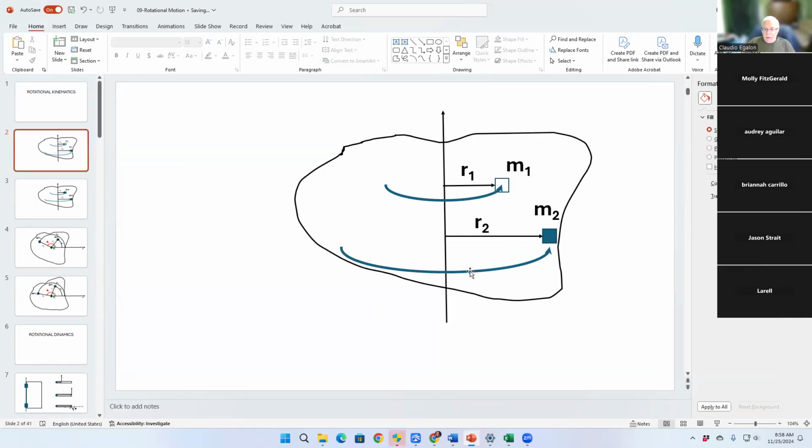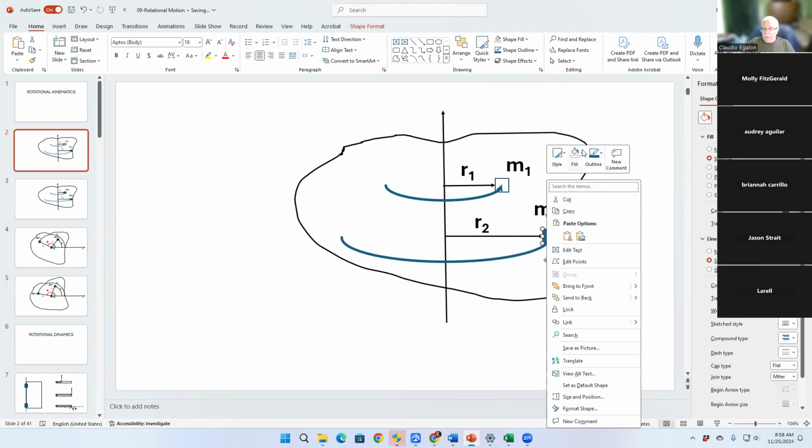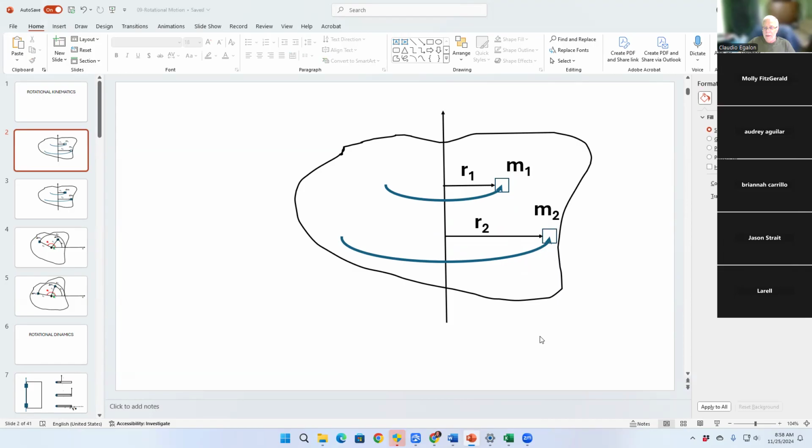And that's the other one right here. Fill, no fill, so you can see the head of the arrow. All you have to do is orient your palm, take a look at the palm of my hand here, in the direction of rotation. The object is rotating this direction. Don't forget it's the right hand. So the palm moves in the direction of rotation, and the thumb points in the direction of the angular velocity.